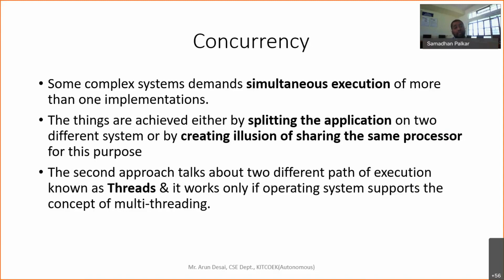Those threads are basically on the operating system. So what is important in this case is that your operating system should support multi-threading. If your operating system supports this functionality, then only will you have concurrency, or threads, in your programs. So this is about concurrency.